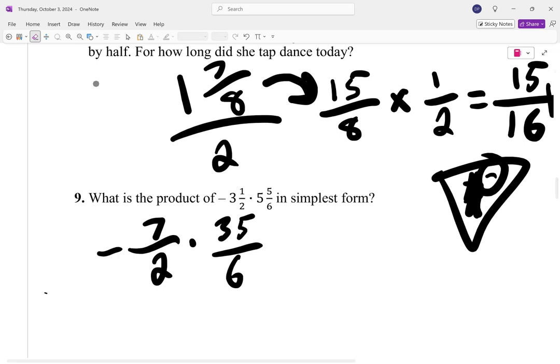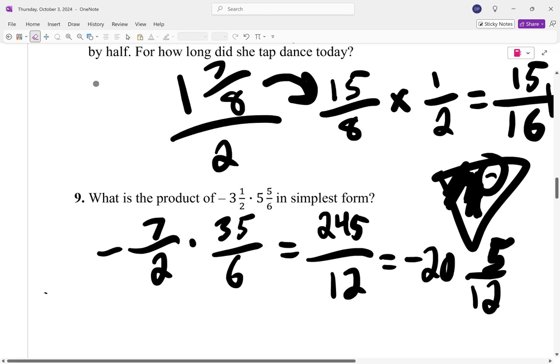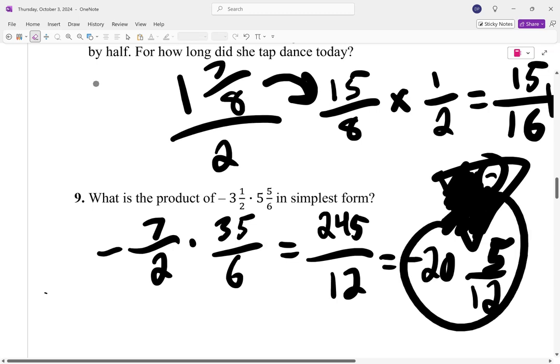No. So that equals, according to my calculations, 245 over 12. And that reduces to negative 20 and... it was here, I forgot to write the negative. So we just have to remember that it's negative.